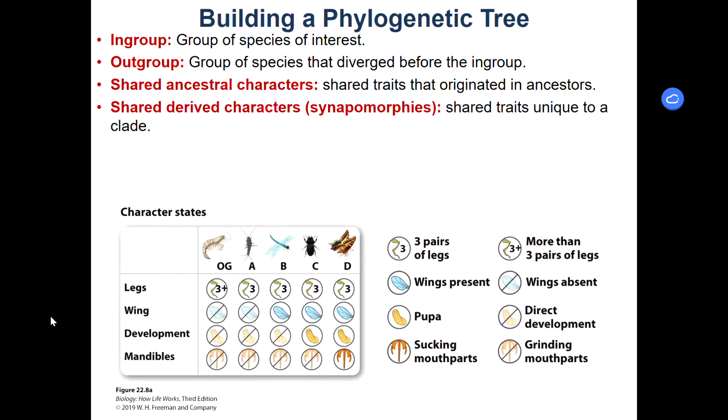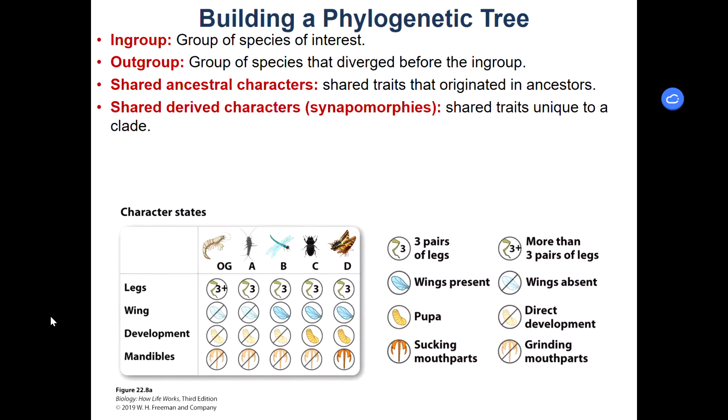Wing, development type, and mandibles, which are chewing, crushing mouth parts, are not shared with our outgroup. So those things, wings, development type, mandibles, are examples of shared derived characters. So they evolved later. And these are what are called synapomorphies.